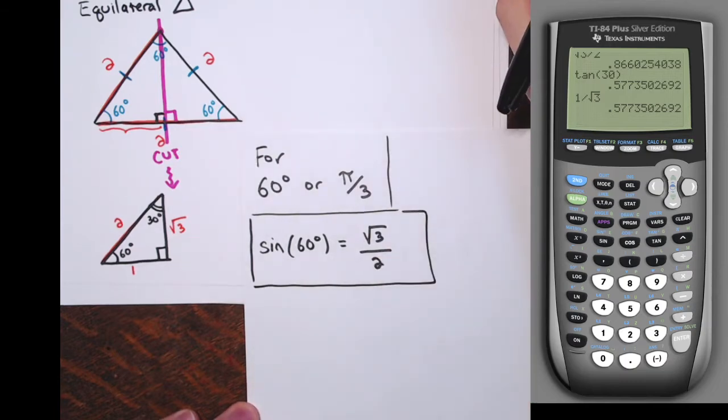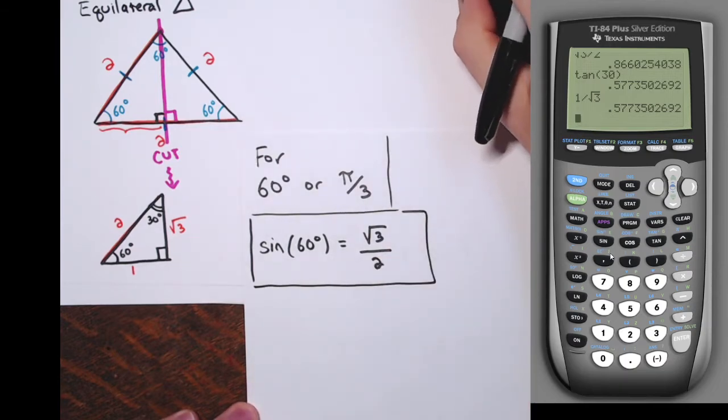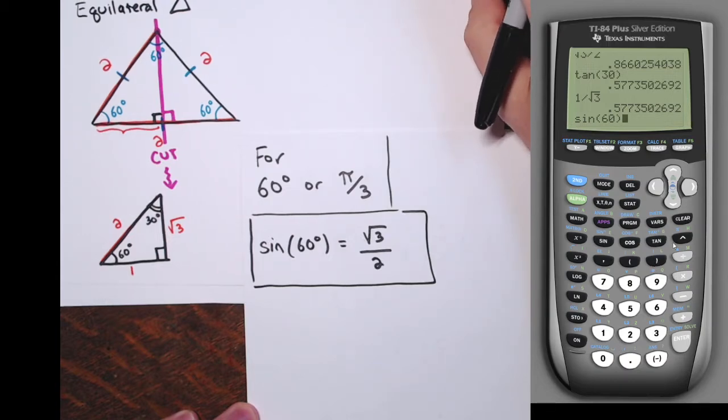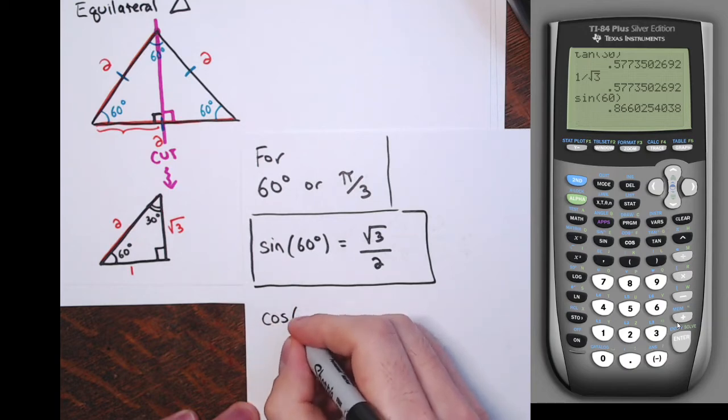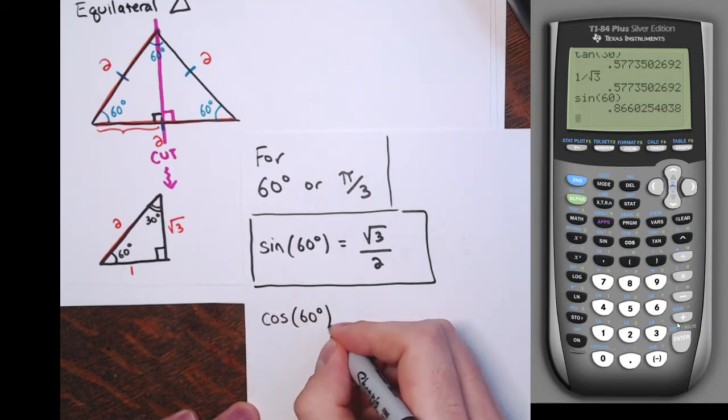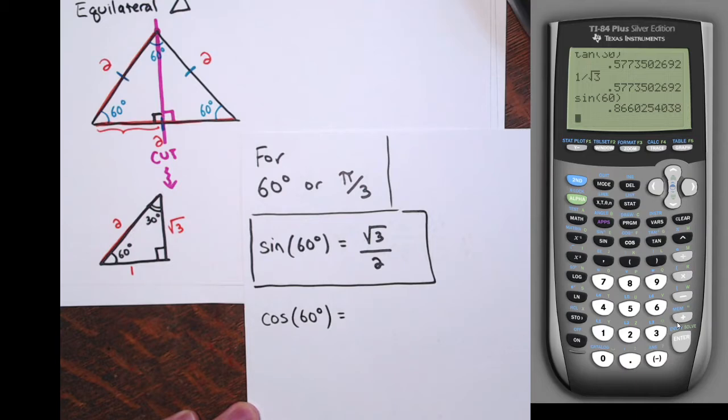And if you'd like to enter it, the sine of 60 degrees. Remember that square root of 3 divided by 2 was up here. It's about 0.866. Right? See, it's the same value as square root of 3 divided by 2. And what's the cosine of a 60-degree angle, or a pi over 3 radian angle?